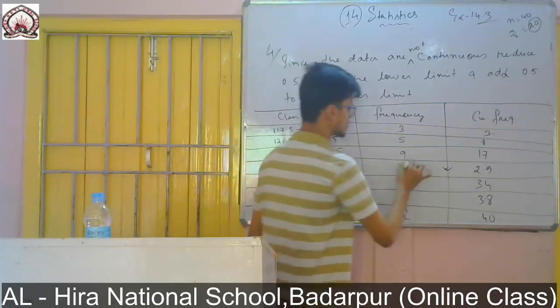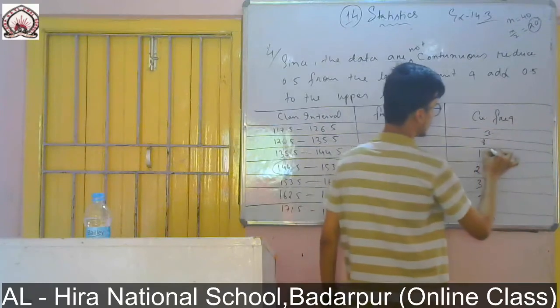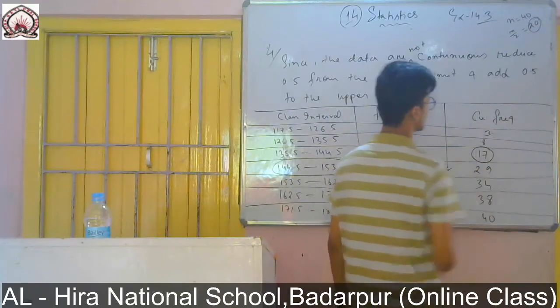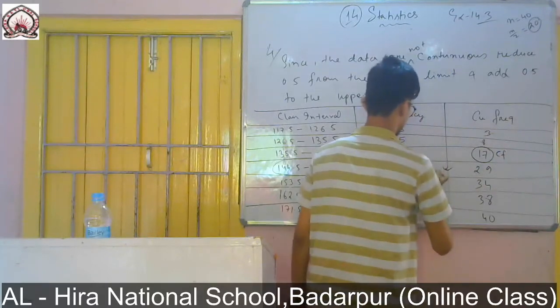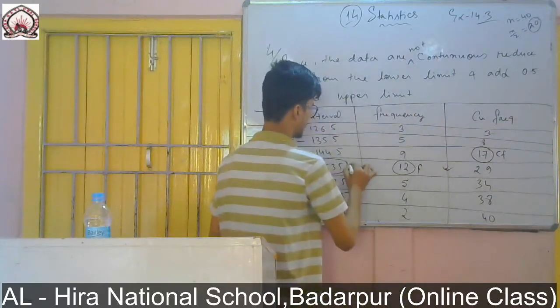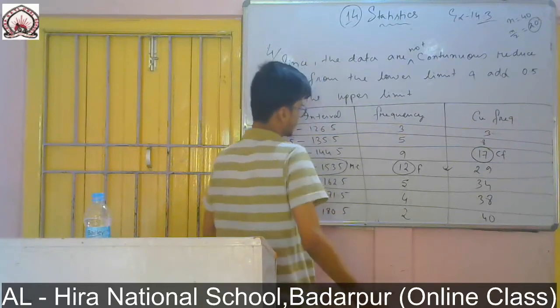This will be the frequency of that class, and the cumulative frequency preceding the median class will be 17. So this is our CF. This is the frequency. This is the median class. We got everything.